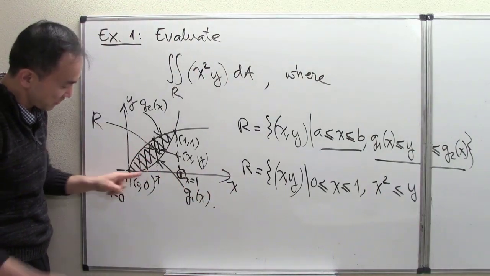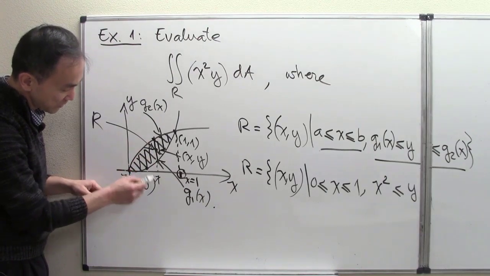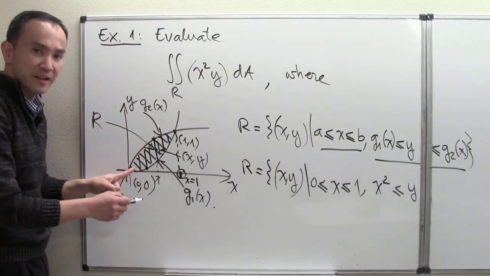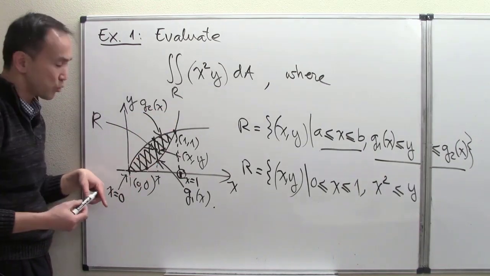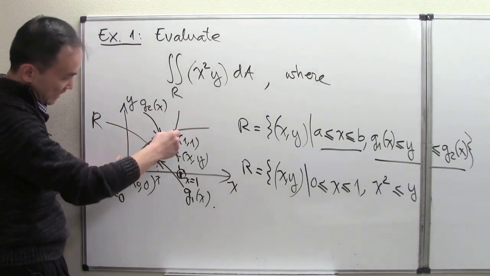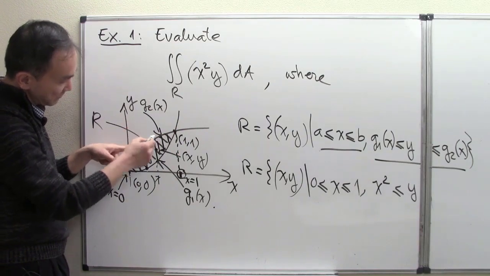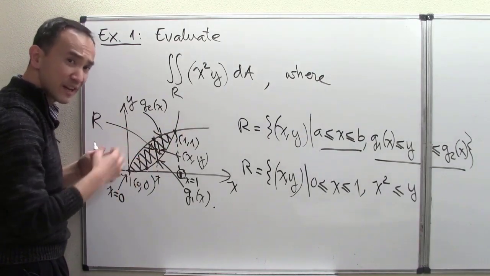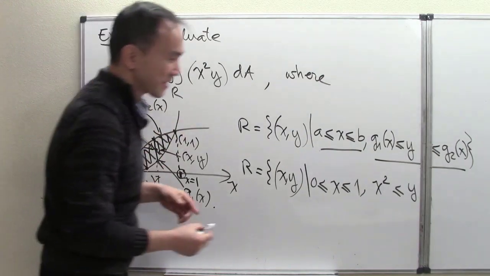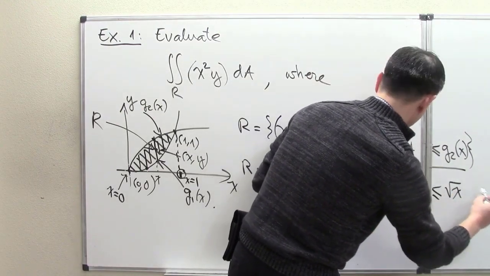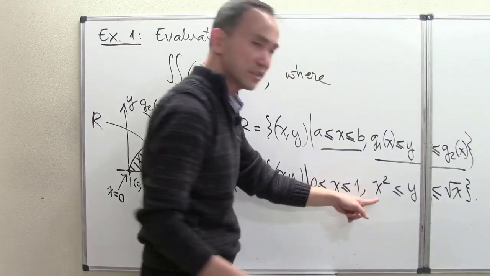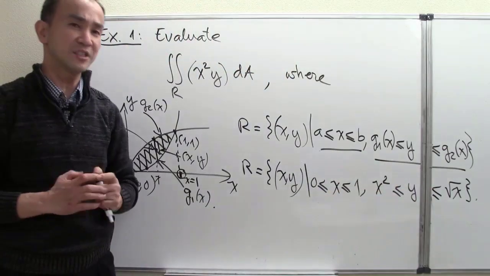The lower end of each vertical stripe is restricted by the x squared function. Now I'm telling you that this curve is intended as the x squared curve. And then the upper curve here, at least in this region, is a sideways parabola, and I mentioned that term earlier. This is the square root of x function. So indeed, these are given information from the beginning, but I just want you to understand it.